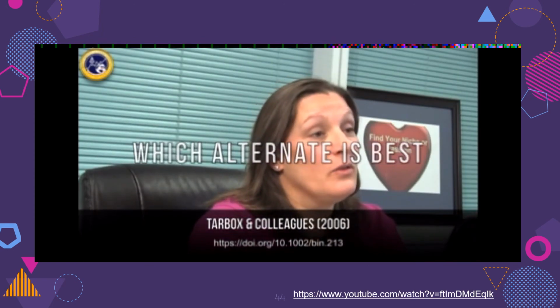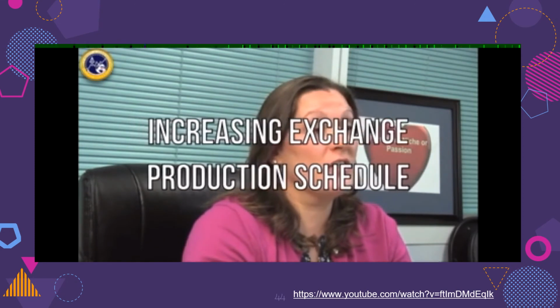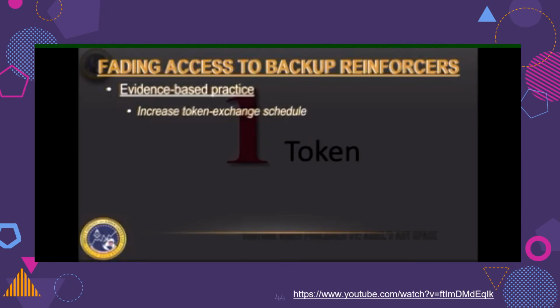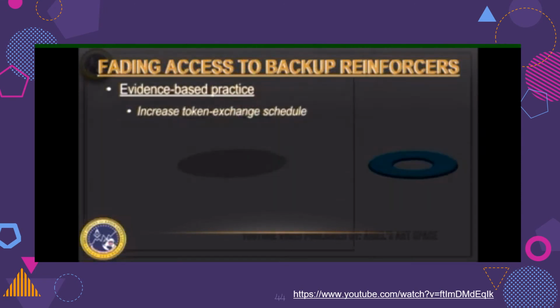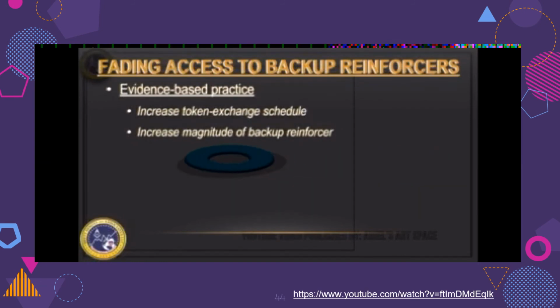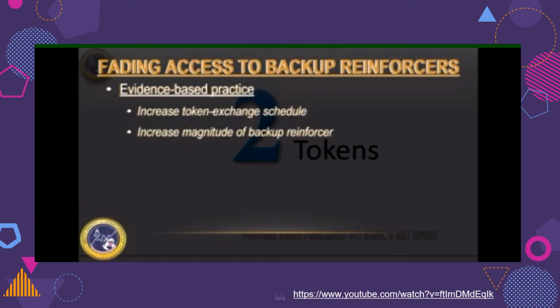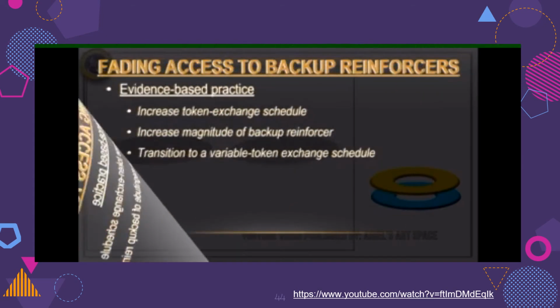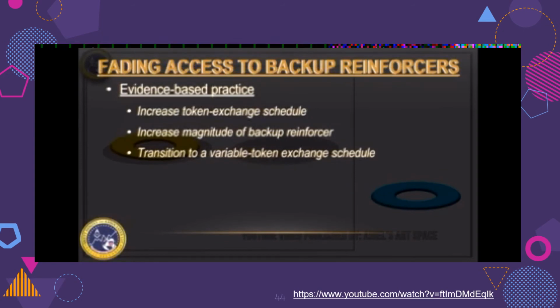Tarboe and colleagues in 2006 suggested that increasing the exchange production schedule is best. One reason for this is that as we increase the number of tokens required to produce the backup reinforcer, we tend to increase the magnitude of that reinforcer. One of the things that you can do to mitigate the effects of early tokens signaling those long delays to the reinforcement is to transition to a variable token exchange schedule.